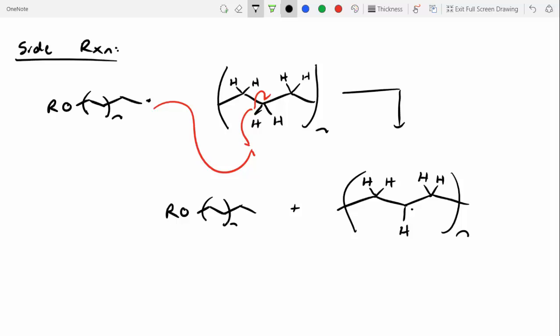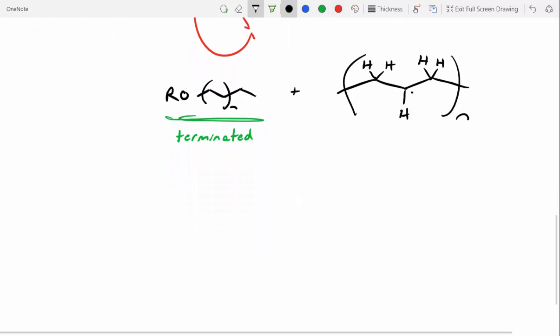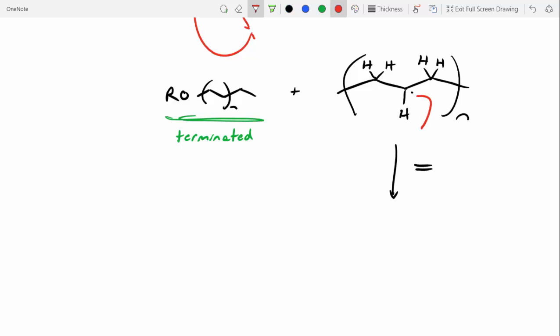So now we've done a termination through a hydride abstraction. So if we look at it, this one's terminated. But we can continue doing addition reactions with this new radical that we formed. So if we have more ethylene floating around in solution, this could do addition reactions to that ethylene unit.